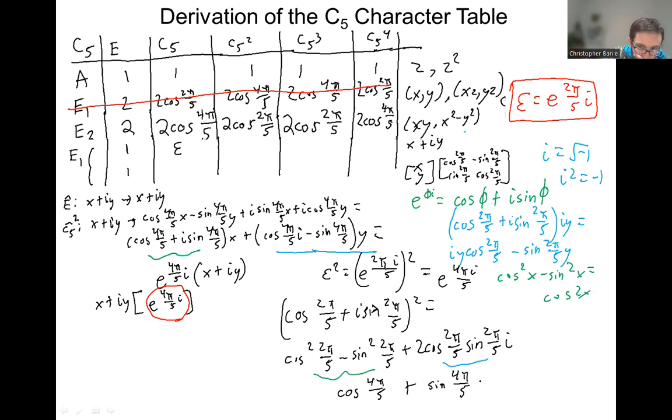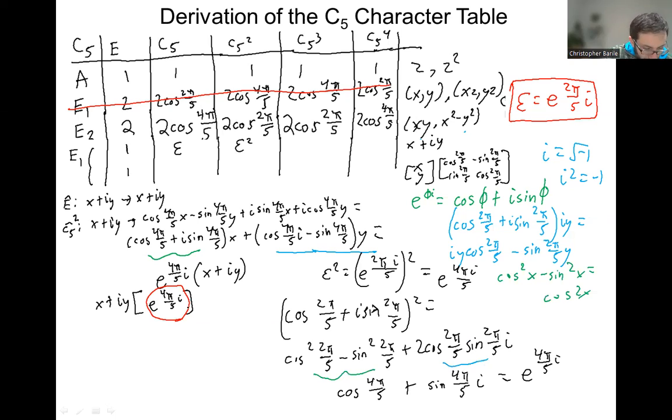So we still have the I, so that ends up equaling the definition of Euler's formula, and so we get e to the 4 pi over 5 I. And so yes, epsilon squared is actually equal to our character here. And so up here, we can just put epsilon squared.